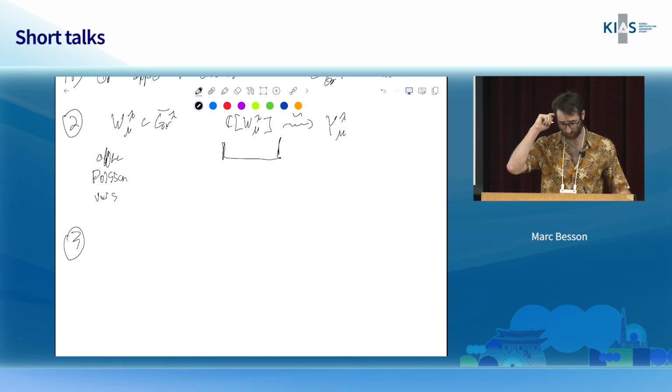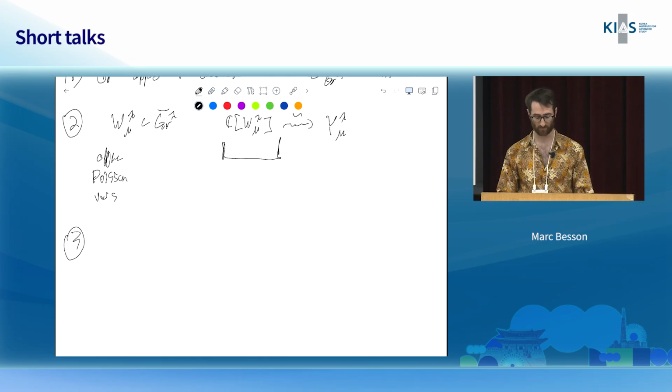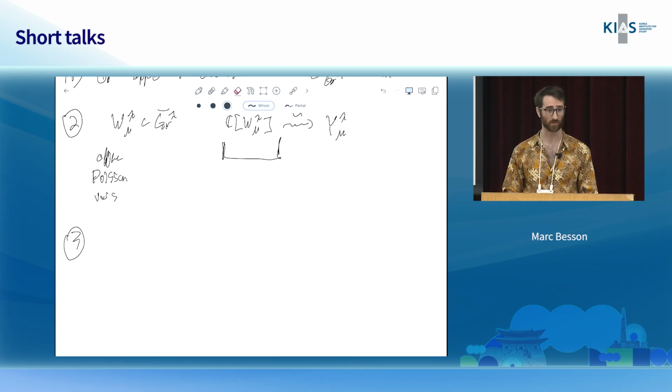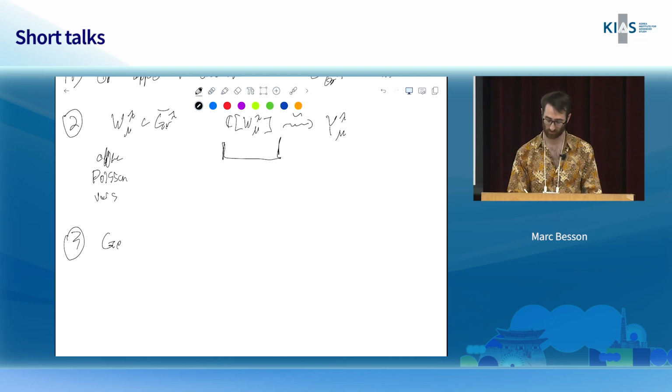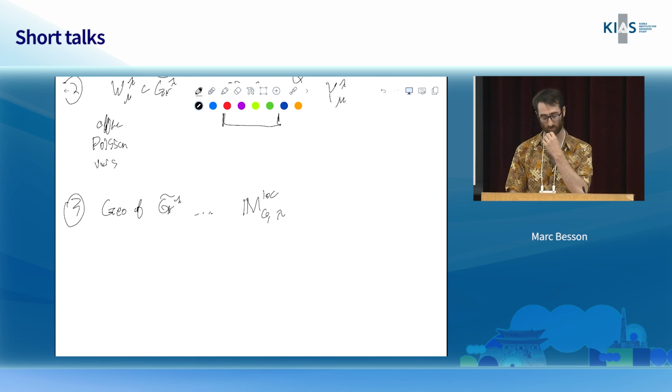And then the third group of people who might care about this stuff are local models people. So the geometry of Gr_lambda is closely related to the geometry of local models for Shimura varieties. And in this context, there's a recent work by Kisin, Pappas, and Zhou.